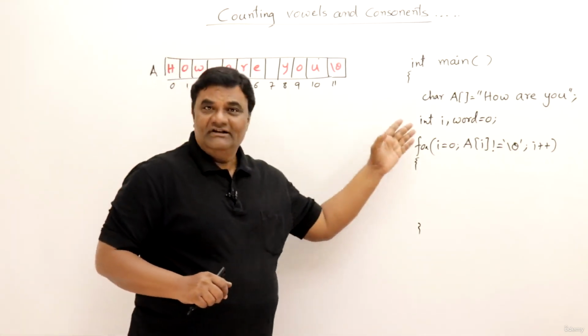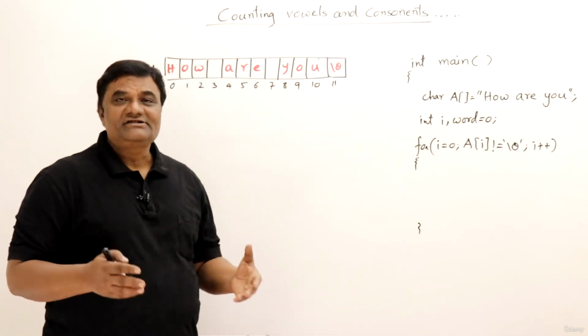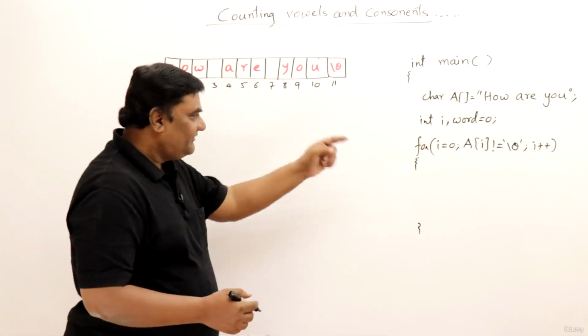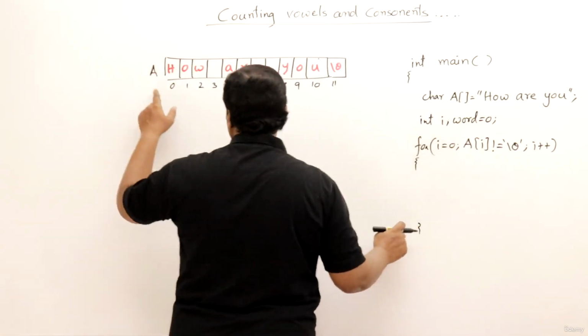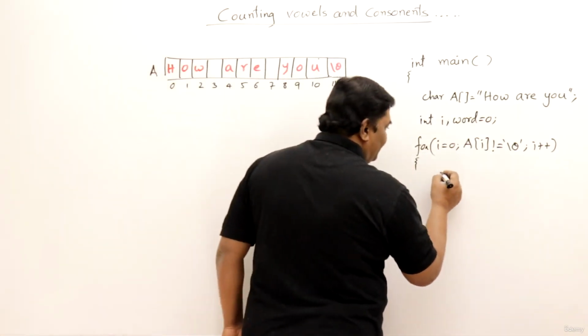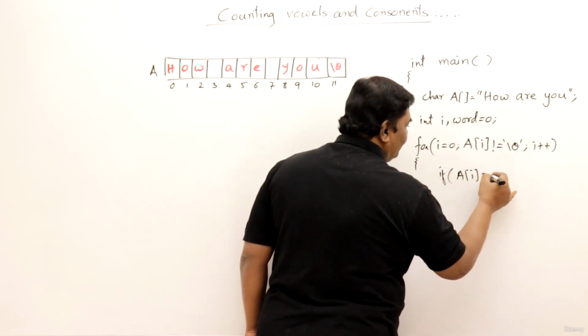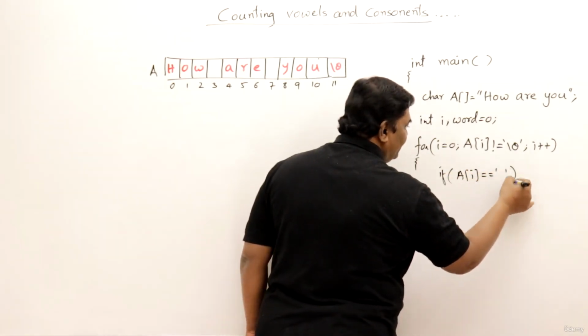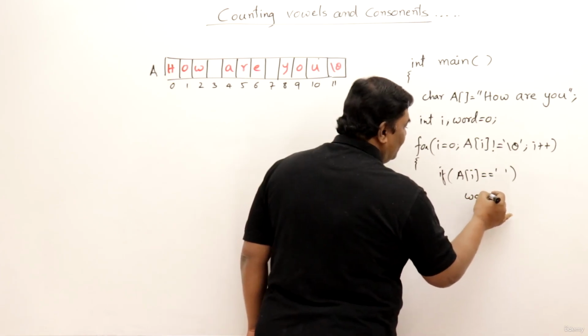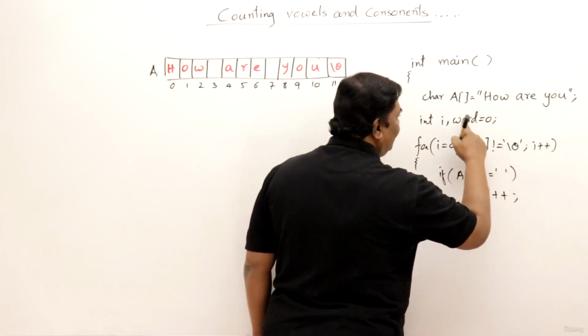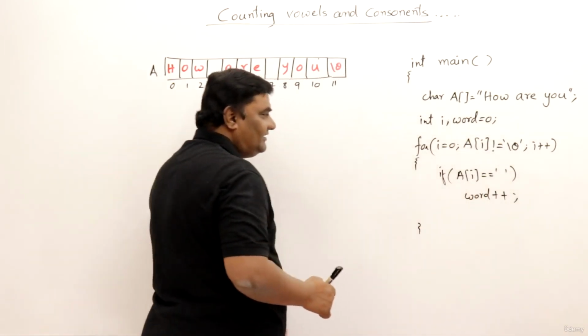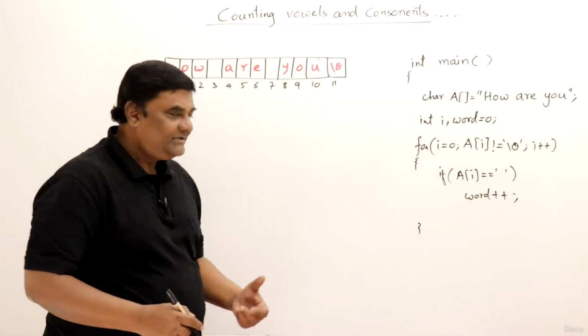So we know very well how to scan through a string, and just we have to check for the spaces. So I will write the code here. This for loop will take me through the entire string. Then every time I check that if a of i is equal to a space, then word plus plus. So already I have taken a variable called word, and that word plus plus will count the number of spaces.